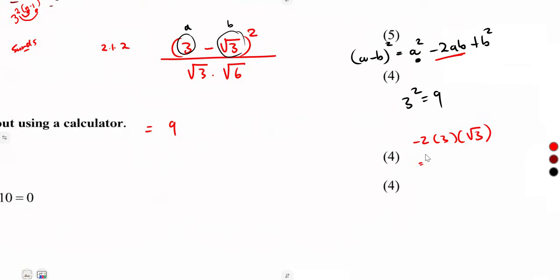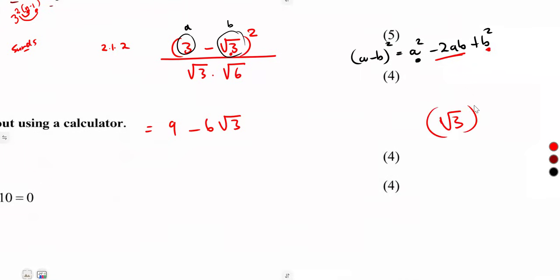So you can only multiply the numbers outside of the square root. Minus 2 times 3, that's minus 6 square root of 3. Then the last term, plus b squared. Our last term is what?